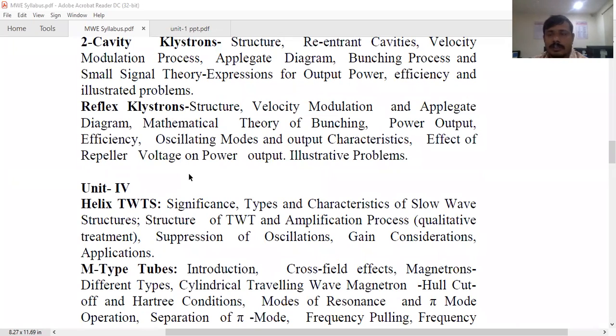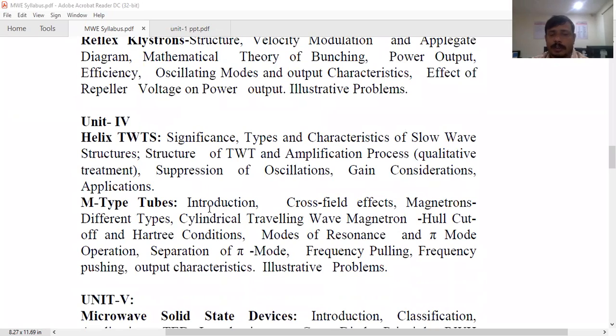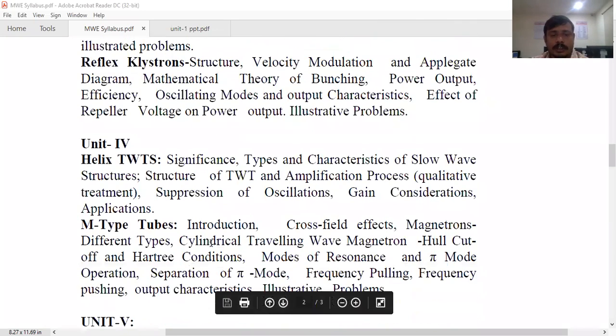Both are very important. Then, coming to the fourth unit, there are some other microwave sources here.